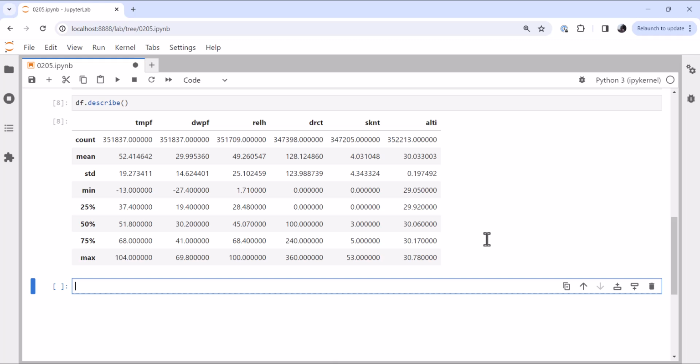Okay, the wind direction, do I have anything that's not between 0 and 360? Doesn't look like it. Wind speeds, everything's realistic. I don't see anything reporting winds exceeding the speed of sound or anything crazy. So these all look like reasonable data values, but we're just looking at summary statistics here.